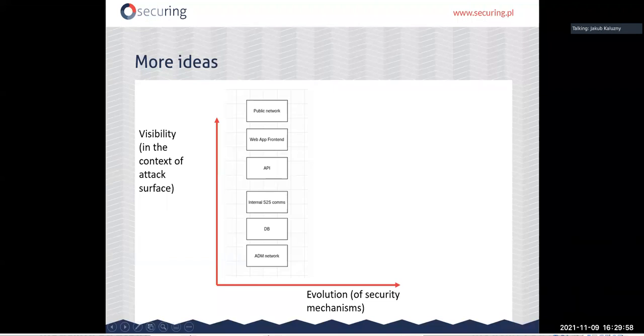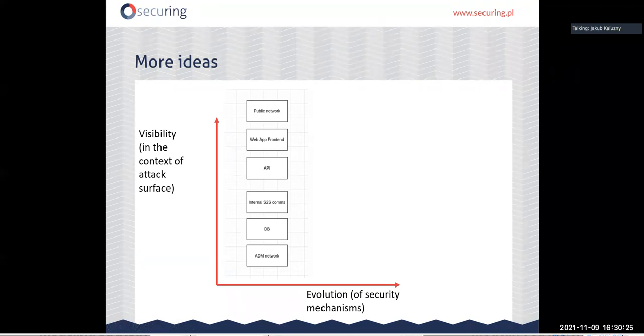That on the y-axis you have visibility, but in the context of the attack surface. So on the top you've got things that are easily visible for the user and for the attacker. You could easily start compromising public networks or web application frontends or APIs, but to get to the databases, servers, and administrative networks, this is less visible.